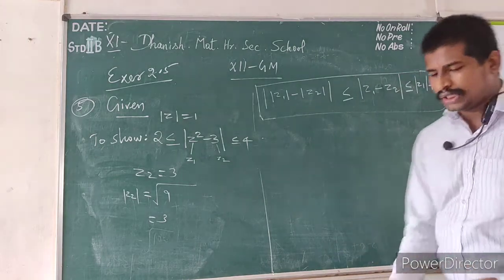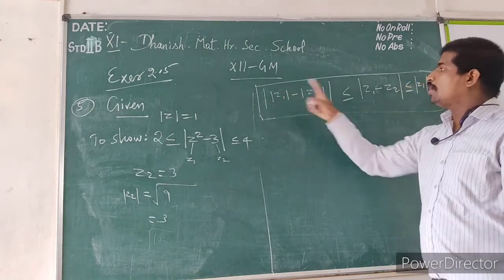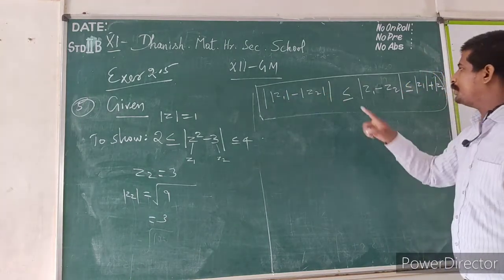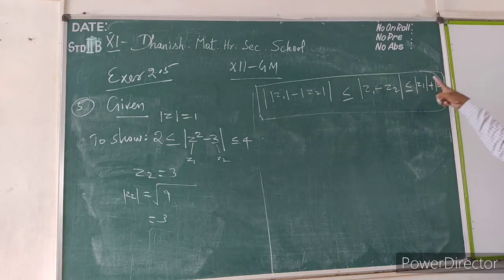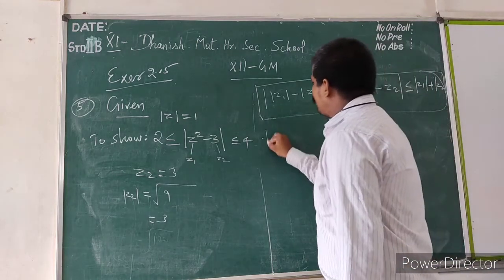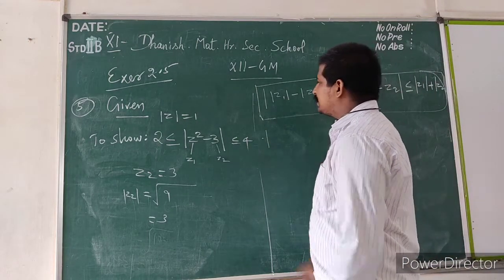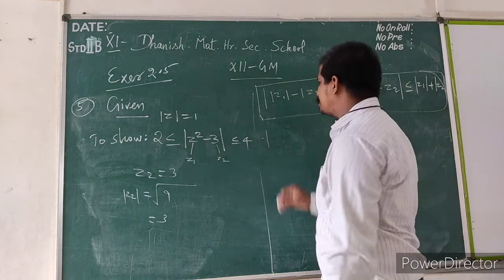Here I am going to use the property: modulus z1 minus modulus z2 less than or equal to modulus z1 minus z2 less than or equal to modulus z1 plus modulus z2. Now our z1 is z square, so instead of z1 I am going to put z square.